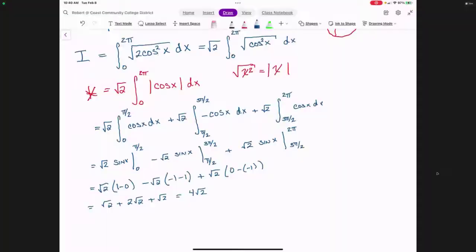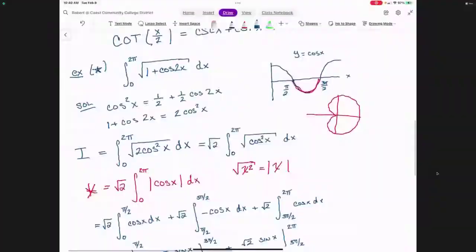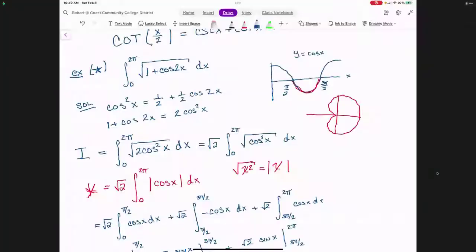What's your question? So I understood everything that you did here, but can you scroll up just a little bit? Why did you put cosine squared of x equals half plus half cosine 2x? That's an identity.